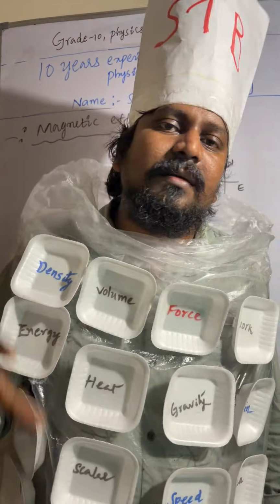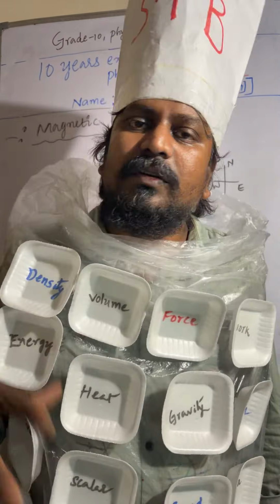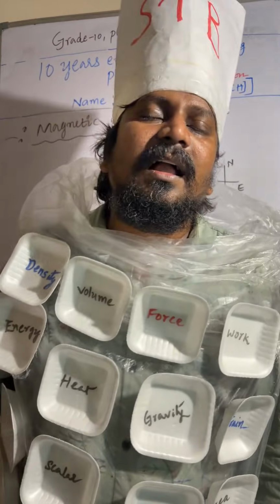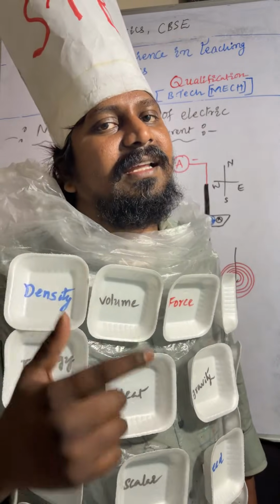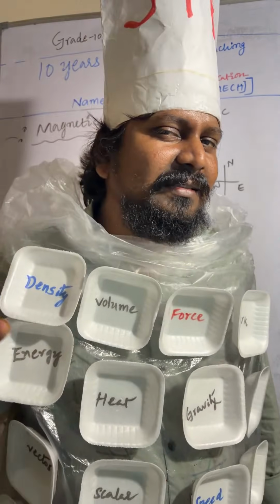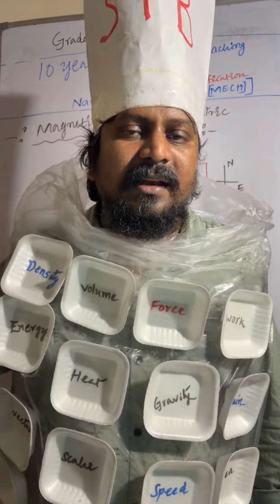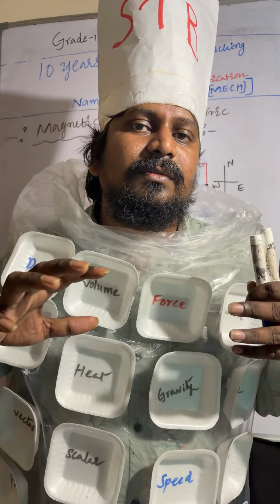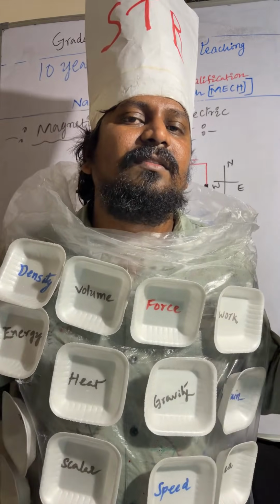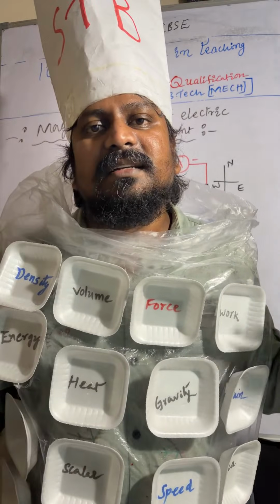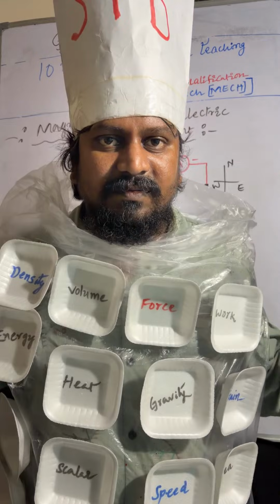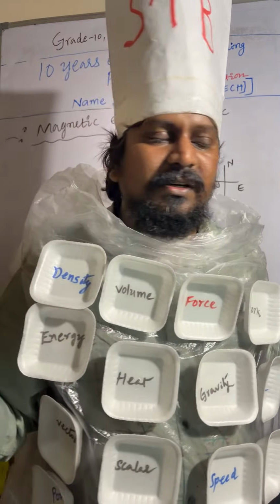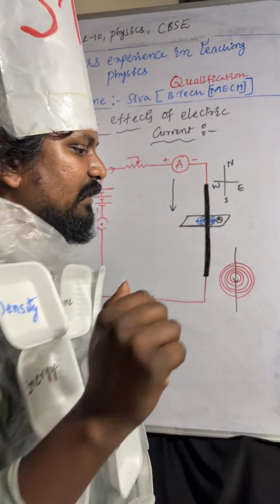Whenever you connect the battery, it acts as a magnet. Whenever you remove the battery, it does not. Until the current is passing through the conductor, it behaves as a magnet. Once you stop sending the current, it doesn't produce a magnetic field. I hope it is very clear. So these are the points.